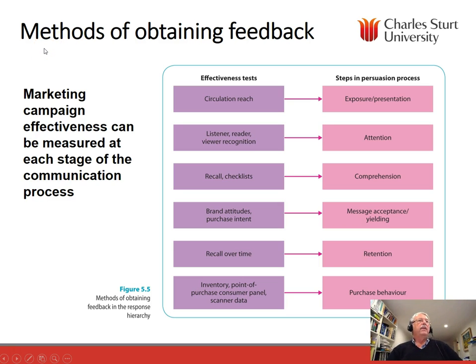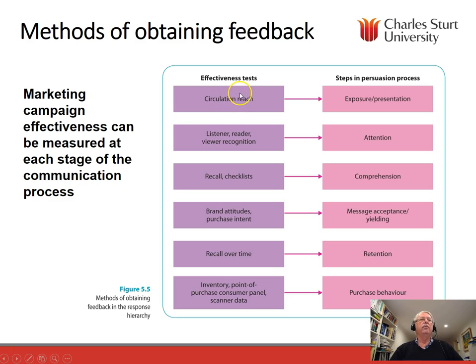If we talk about the different methods of obtaining feedback, the idea is that at each stage of a marketing campaign, you really need to set up tests which will allow you to measure the effectiveness of each stage of the communication process. So, for example, if we have a look at this chart here, we see on the right-hand side steps in the persuasion process: exposure, presentation. And so the effectiveness test would be the circulation.